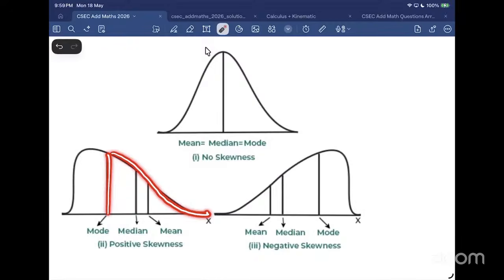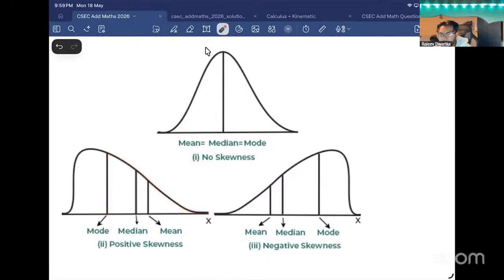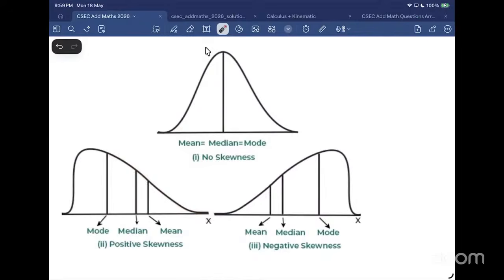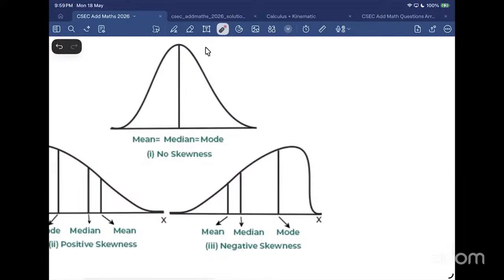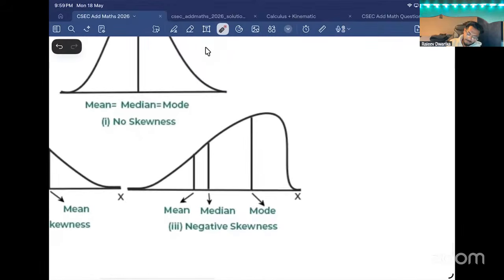To the right, because it's positive. If most of your data is to the right, then that means bigger values, so that would be positively skewed.